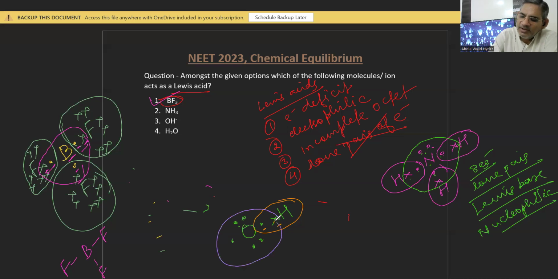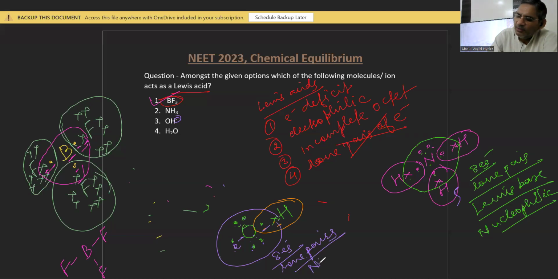This O is having 2, 4, 5, 6, 7, 1 electron. 1 negative charge is there now. What does it mean? It will be taking 1 electron, so it will be having a completely filled octet. Since in this O, 2 lone pairs of electrons are there, so this is also having 8 electrons. It is having lone pairs. It is nucleophilic in nature, and it's a Lewis base. So this is also not a Lewis acid.